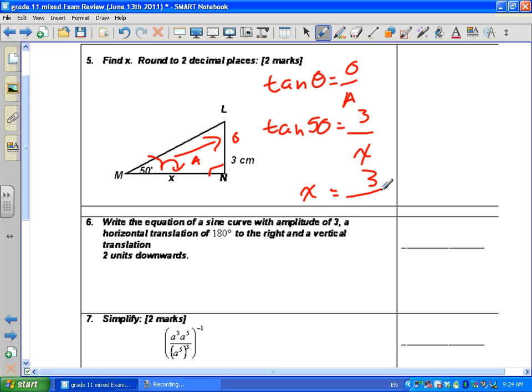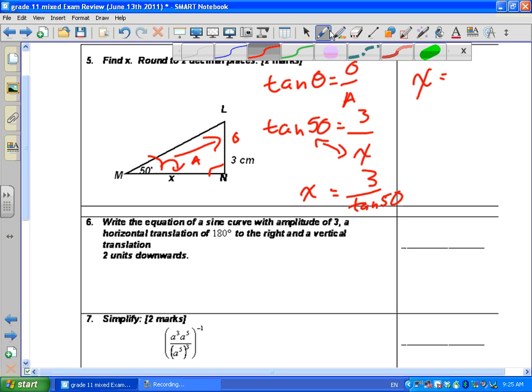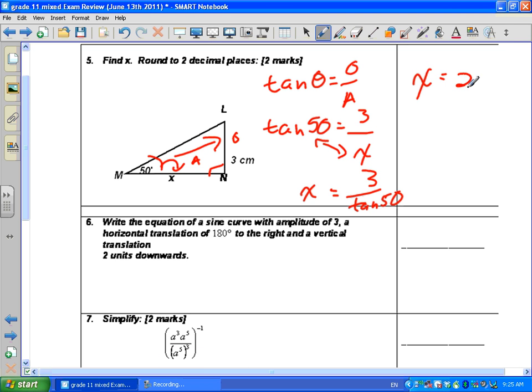So x is equal to 3 divided by tan 50. All we did was switch those two. Who's got a calculator? So x, 3 divided by tan 50, is roughly 2.5.